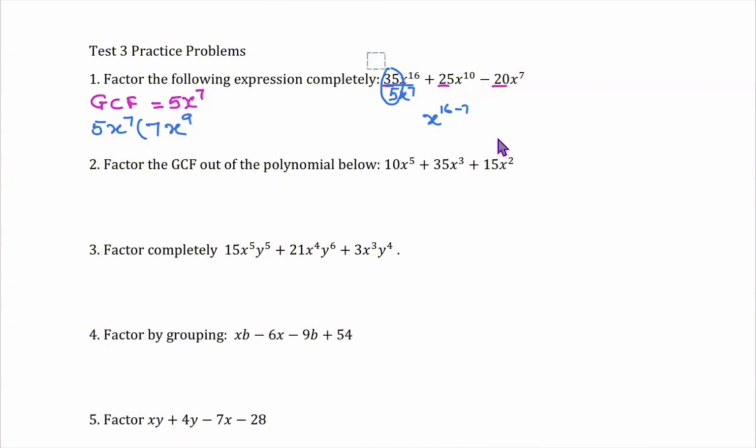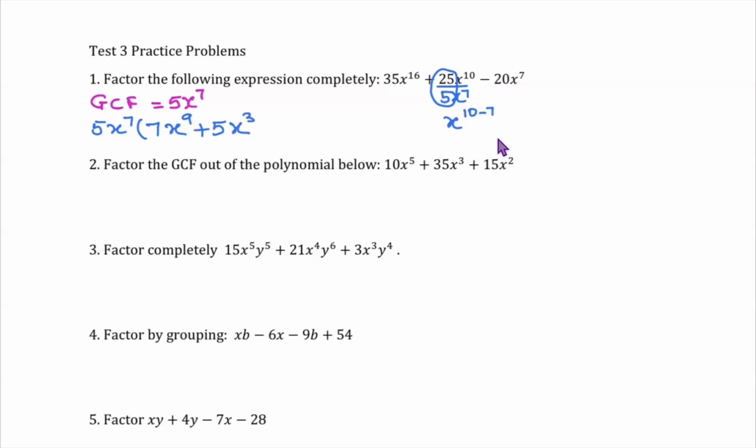We will do the same thing for each term. We would divide by 5x to the 7th. 25 divided by 5 is 5, so that's plus 5. And then x exponent 10 minus 7 is x to the 3rd.